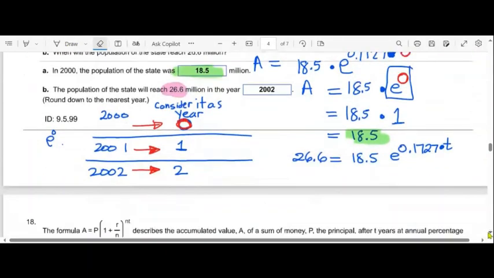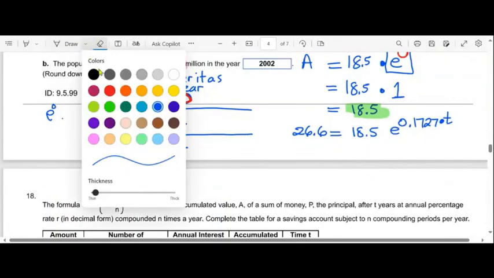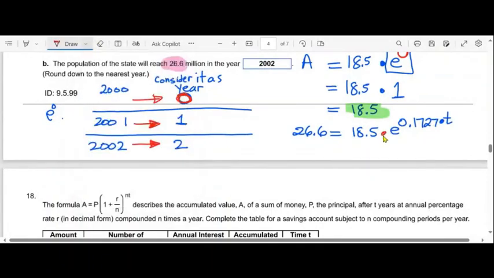Okay. So now we need to work on this together. First, I have to get rid of the constant, the coefficient here, the single value here. How can I get rid of this number? I have to divide by 18.5 for both sides. Okay.